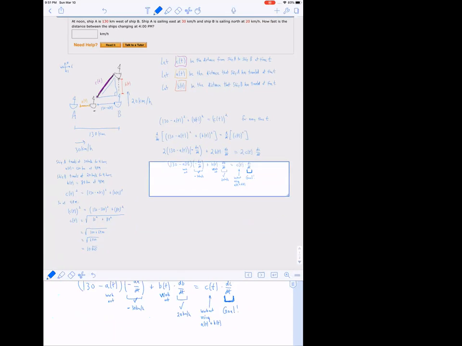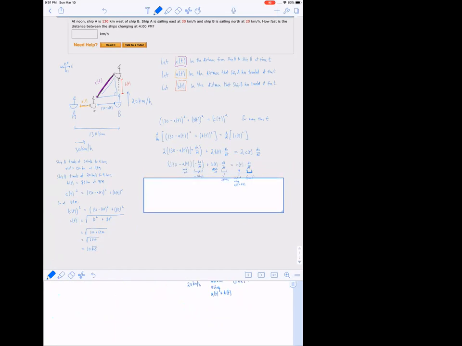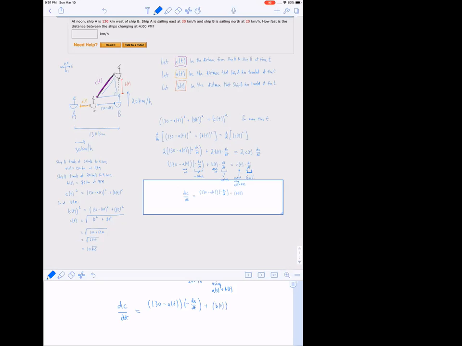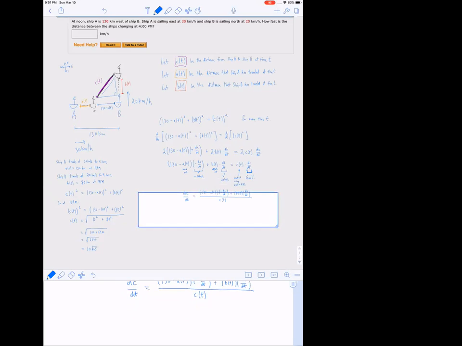So finally, let's solve for our goal, our dC/dt. dC/dt is equal to (130 minus A of t) times negative dA/dt, plus B of t times dB/dt, all divided by that C of t. And at the particular moment that we care about, we can plug in these values now.